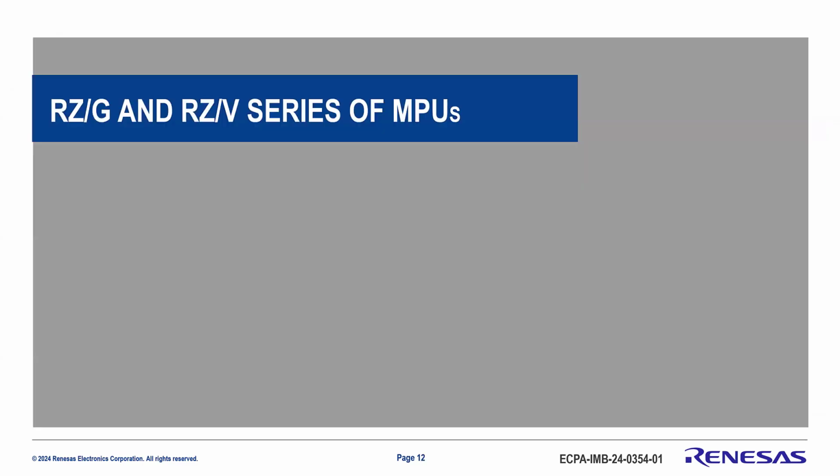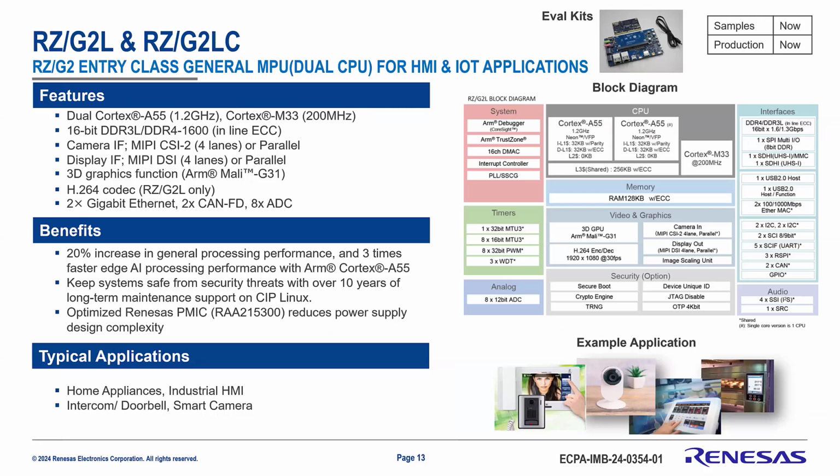Let's talk a little bit in depth about the RZ/G and RZ/V series of MPUs. Starting off with RZ/G2L and G2LC, they're like brothers here, if you will. These devices both feature dual Cortex-A55 cores at 1.2 gigahertz, and a subcore for housekeeping activities with an M33 subcore in it. 16-bit interface to DDR3L and DDR4.